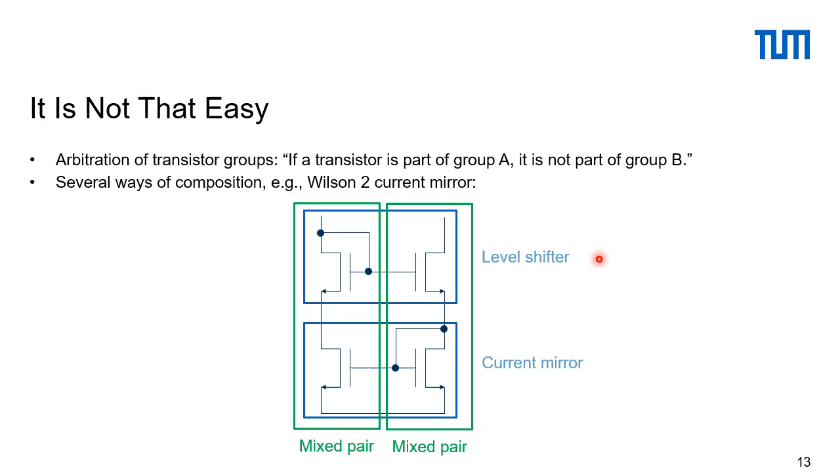This makes it easier to set up the sizing rules, but actually you could also define it in this way, like these two groups. This is a mixed pair, and you can combine it with another mixed pair, and still we have the Wilson current mirror. This way of composition or decomposition may be better if we want to guide the placement. So it's not that easy as I was showing before. There's a lot of ambiguity, and you have to consider that.